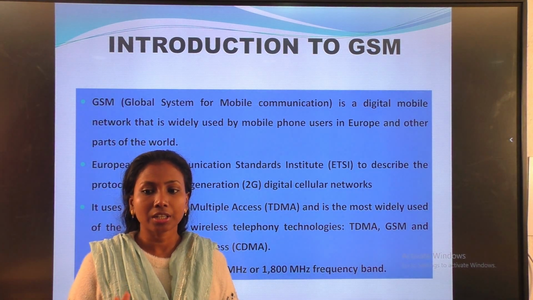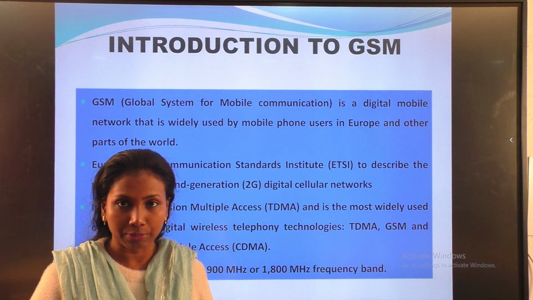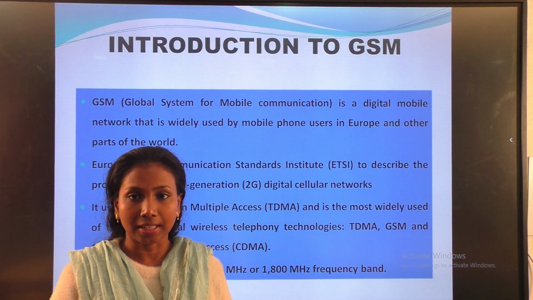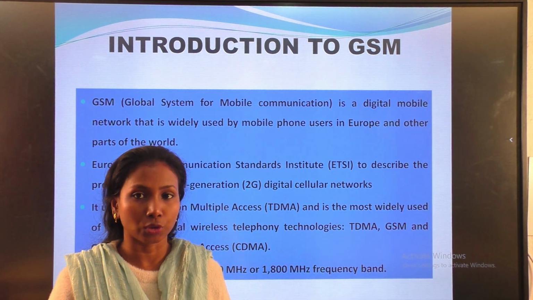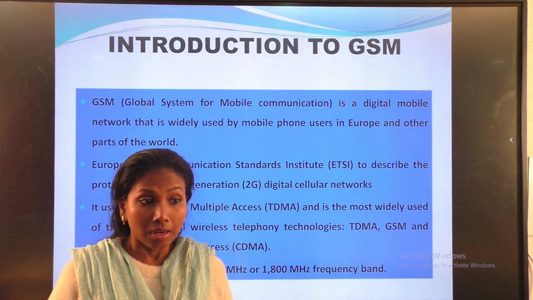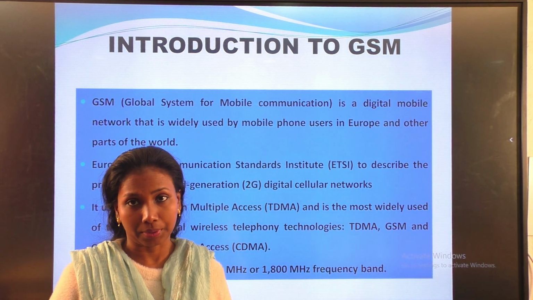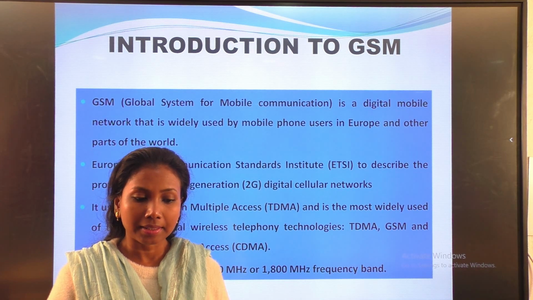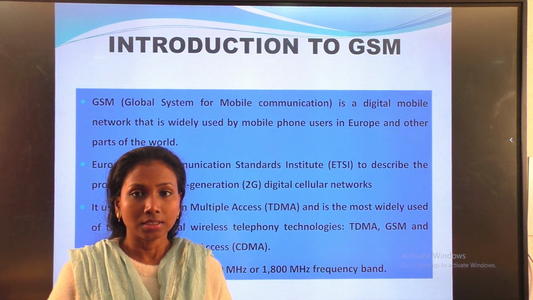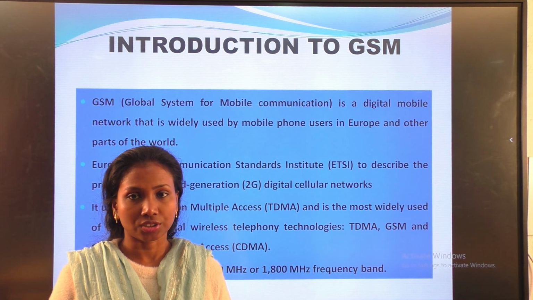Whenever we are talking about time division multiple access, then there is one channel. If more number of users use one channel, then there might be collision. So what it does, it divides the channel into certain time slots.